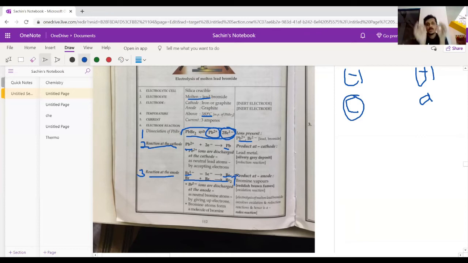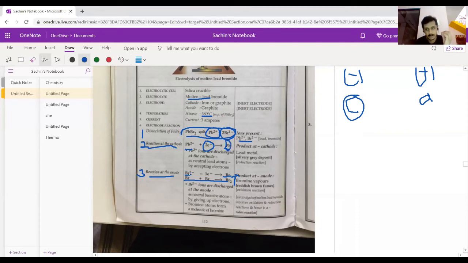At anode. So in a nutshell, when you take lead bromide and heat it to its melting point and then pass the electricity, you will get Pb2+ and Br- ions. Then that Pb2+, which is a cation, moves towards cathode, takes the electrons from cathode and gets reduced to lead.